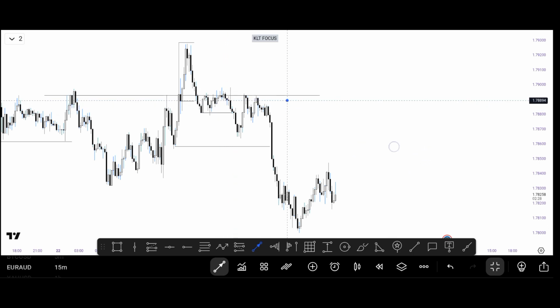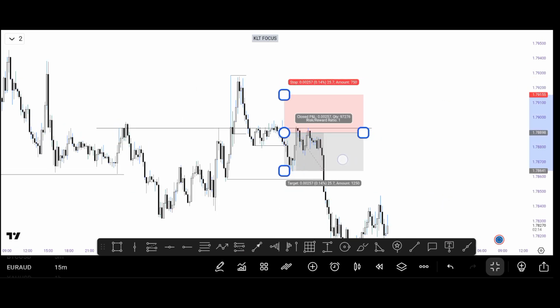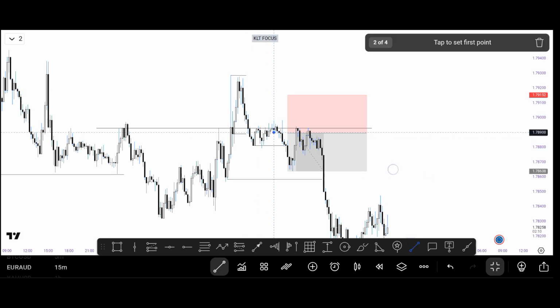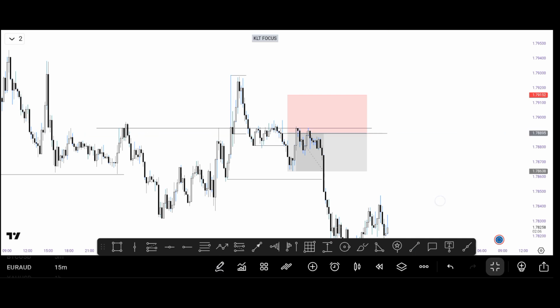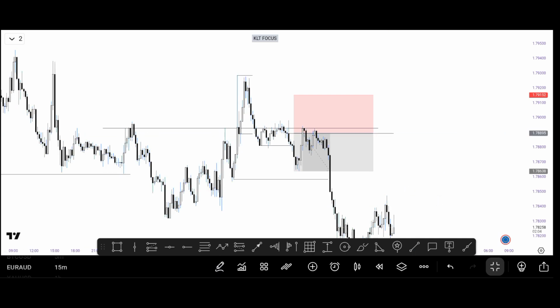So entering this trade off this area right here for the sell opportunity. Just to tell you, sometimes it's not always going to be perfect, the whole entry criteria, the whole structural patterns. But when you can build up a logic and narrative behind what's going on, you can definitely take the right trade.